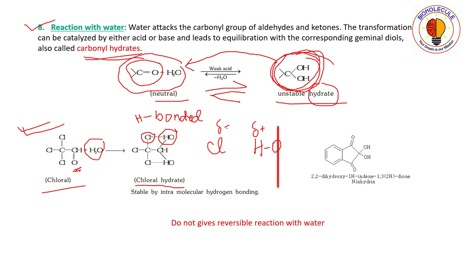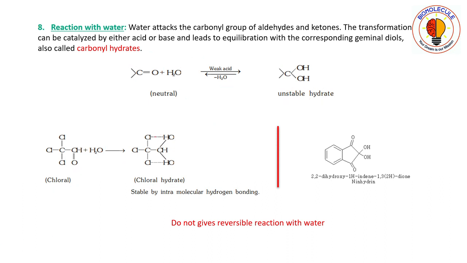So del minus and del plus, so this can hydrogen bond. That is, the hydrogen atom and chlorine atom can hydrogen bond with each other. So here you can see that this chloral hydrate is actually hydrogen bonded. This is the first hydrogen bond and this one is the second hydrogen bond.